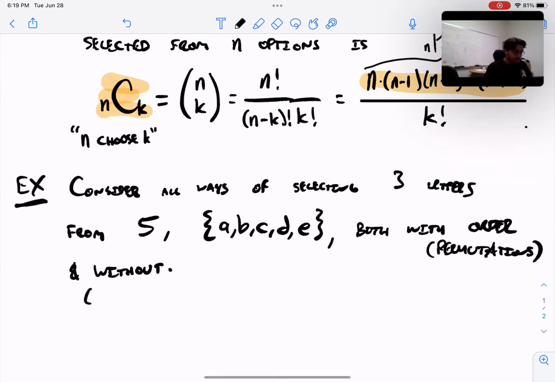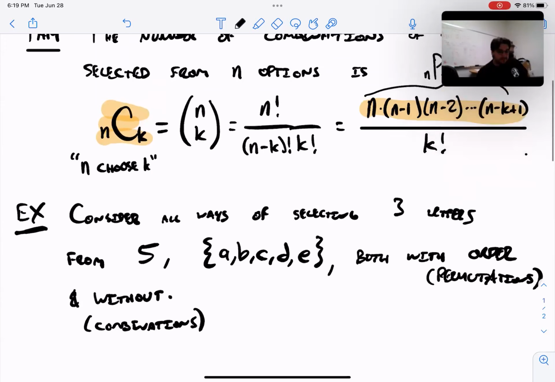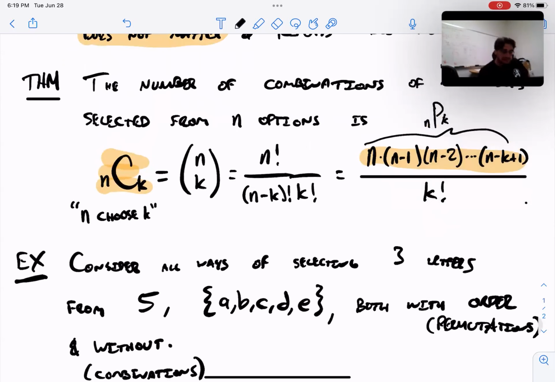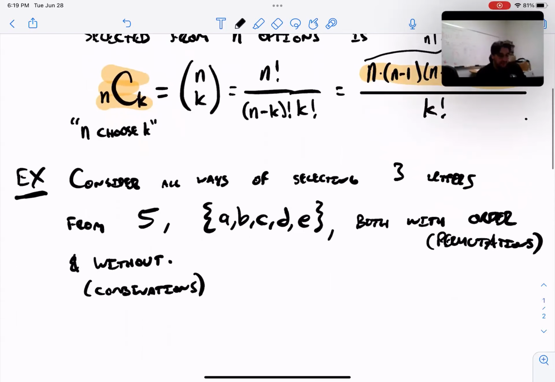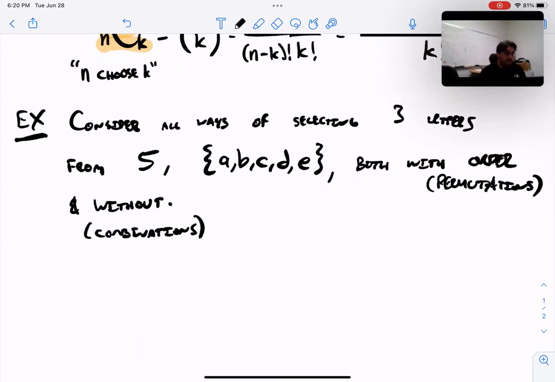And without, I'm thinking about combinations, because I want to compare these two. As you notice up in the formula, the combinations formula is coming from the permutations formula. So I want to think about all ways of selecting 3 letters from 5 where order matters and where order does not matter. And in both cases, no repeats.